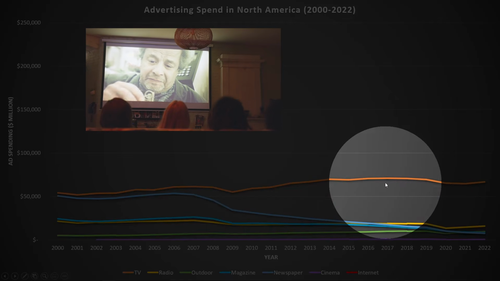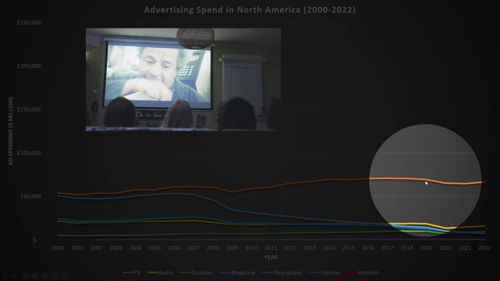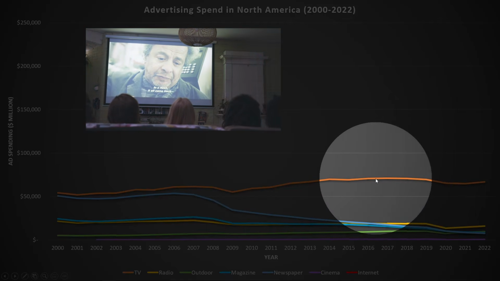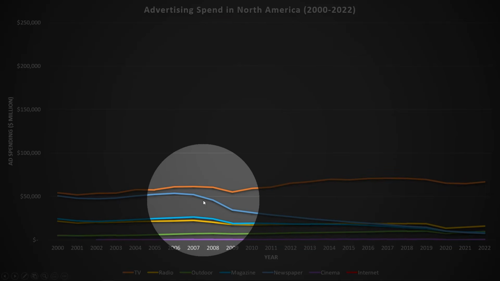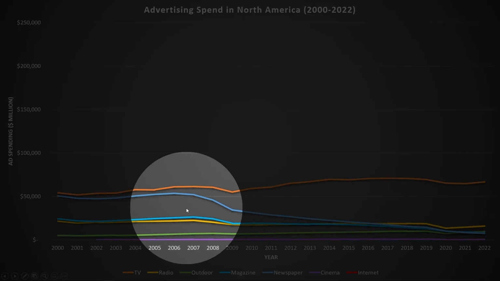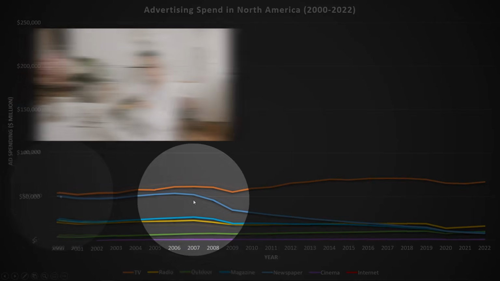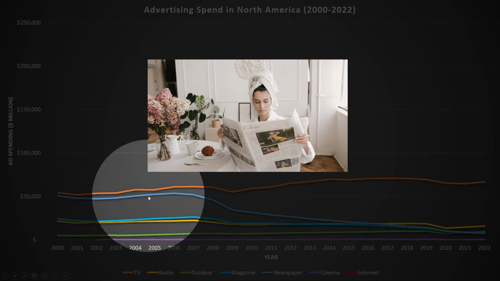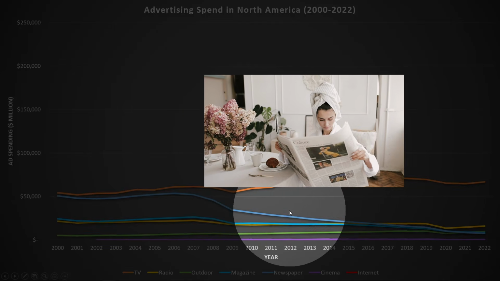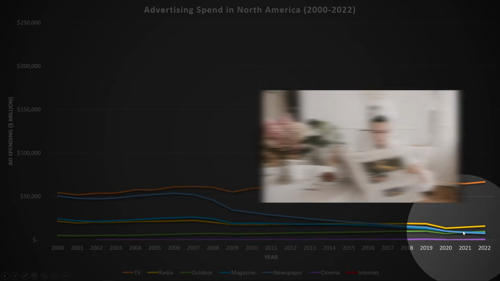It has held up pretty well over the past 2 decades, but it did not incur a very large growth. All the other platforms are either growing very slowly or incurred heavy decay in spending. For example, the blue color here is newspaper. It went from close to TV at $50 billion and all the way below to where it was in 2000.